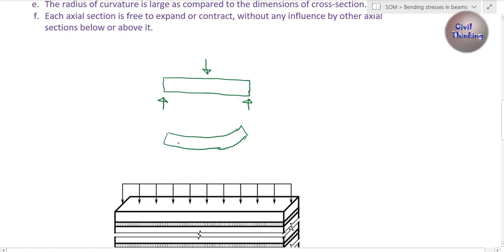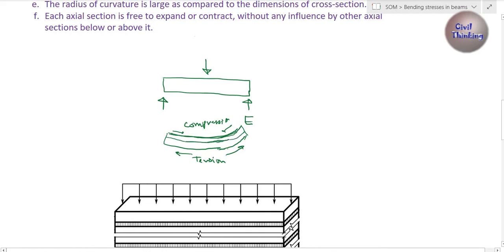Now, due to this bending, the above part will be in compression, right? This part will be in compression, and the bottom will be in tension, right? This will be in tension. Now we have Young's modulus of elasticity E. If you want to find the Young's modulus of elasticity of this fiber, let me call this a fiber, or you can also call it a longitudinal section or axial section.